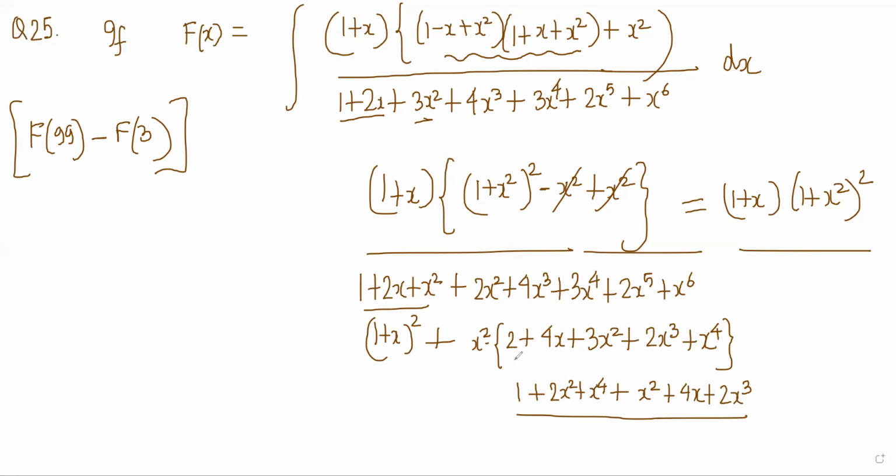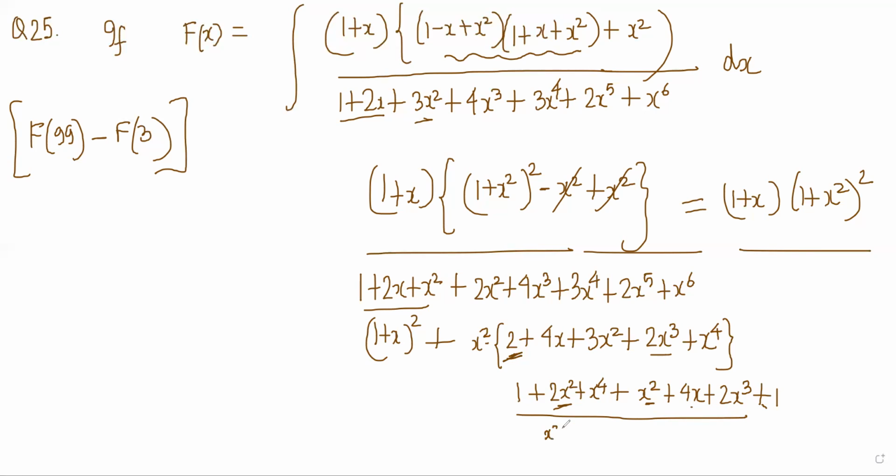This is the same thing I have written, plus 1 is also there, right? 2 is 1, so 1 is here, and 2x square and x square, and 2x cube is here, and 4x is also here, correct, and x power 4.